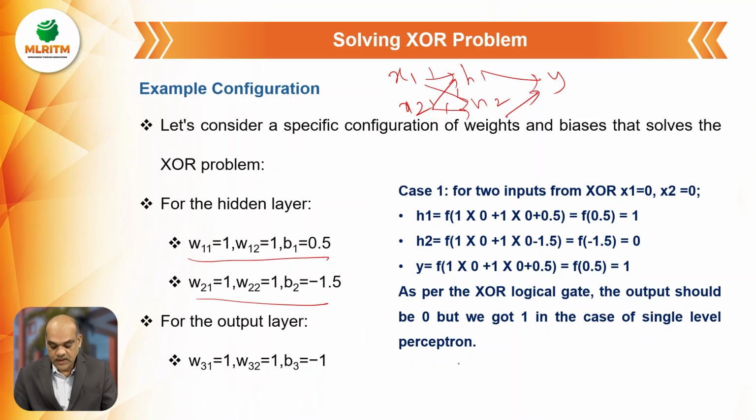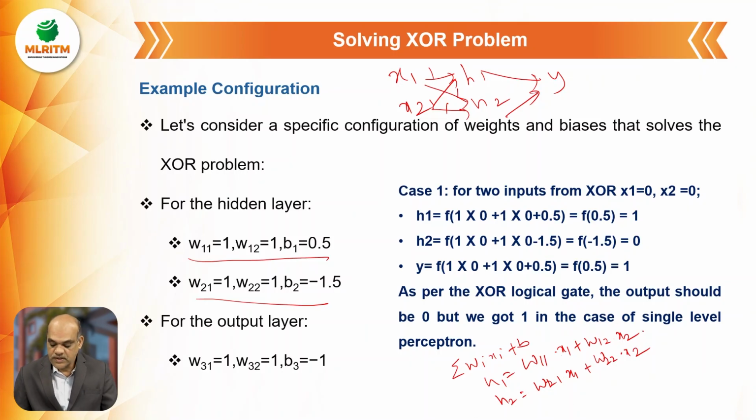Now, if you apply the function summation of Wi xi plus b, in the case of H1 it will be W11 into X1 plus W12 into X2. This will become the definition of H1. In the case of H2, W21 into X1 plus W22 into X2. This will become H2.